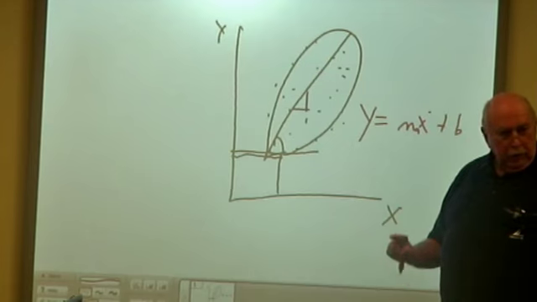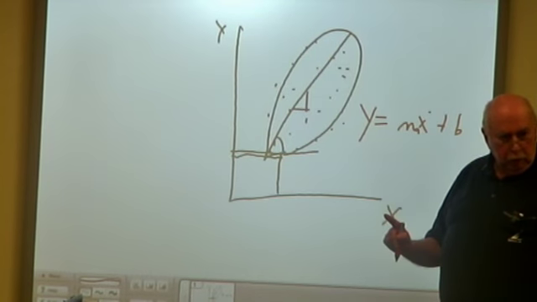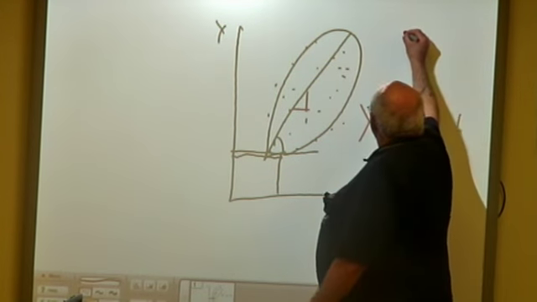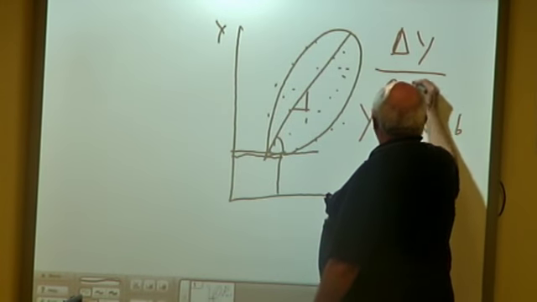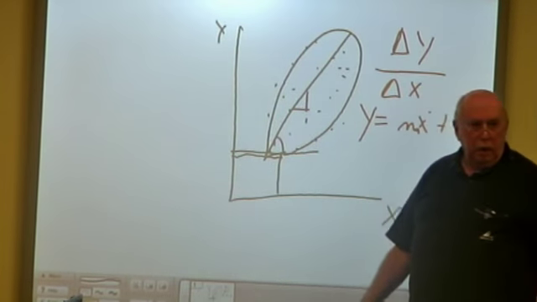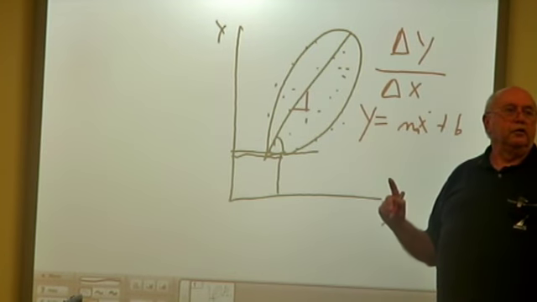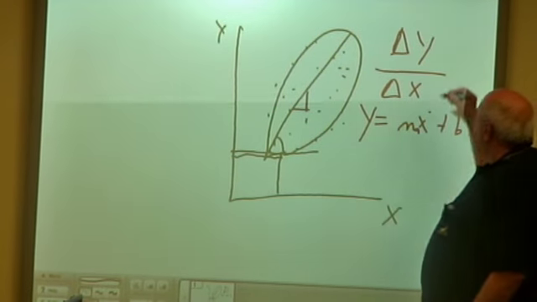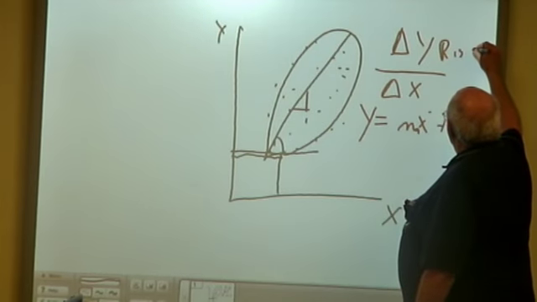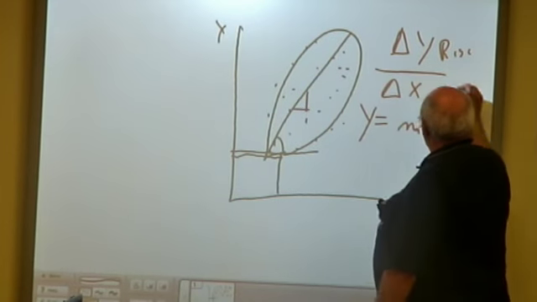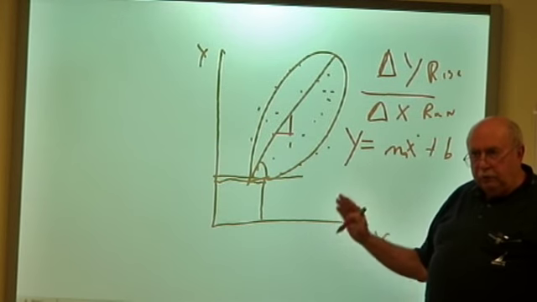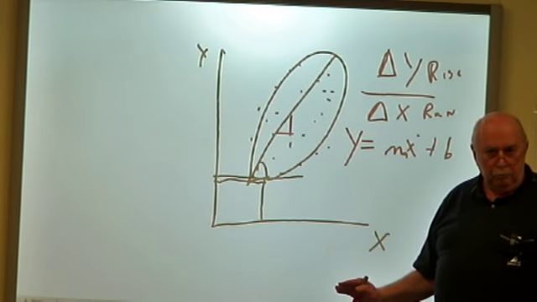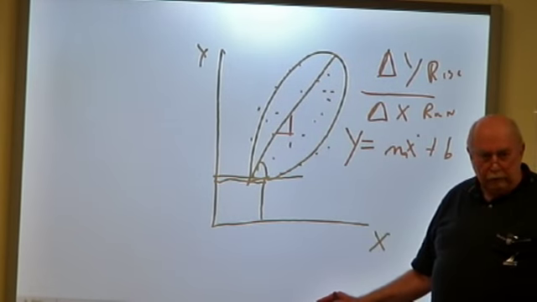The m is called the slope of the line. And that slope was the change in y with respect to change in x. That's a correlation coefficient also. We talk about this as rise over run. Does that make sense? All of those are different ways of talking about correlation. They all mean exactly the same thing.